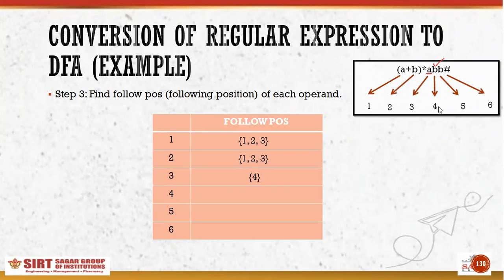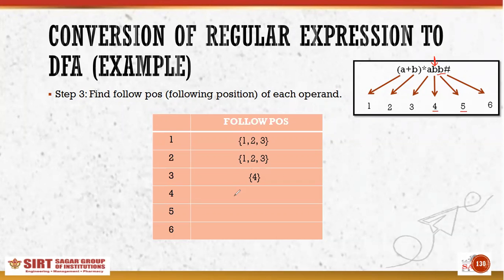Now considering 4, that means this B. Now this B has always this B, means 5. If I say it by the number, in following position of 4, there is only possibility of 5 coming.